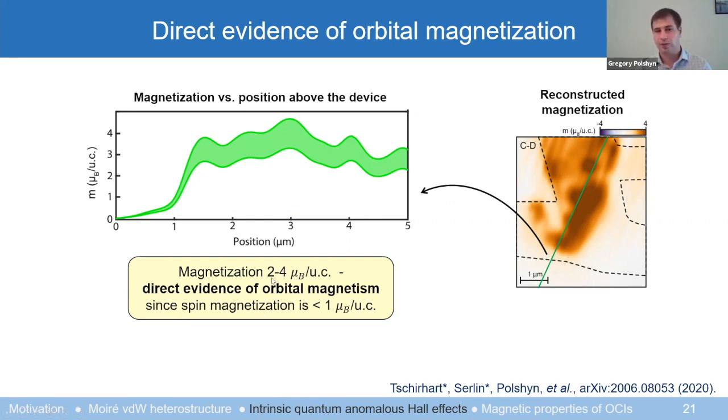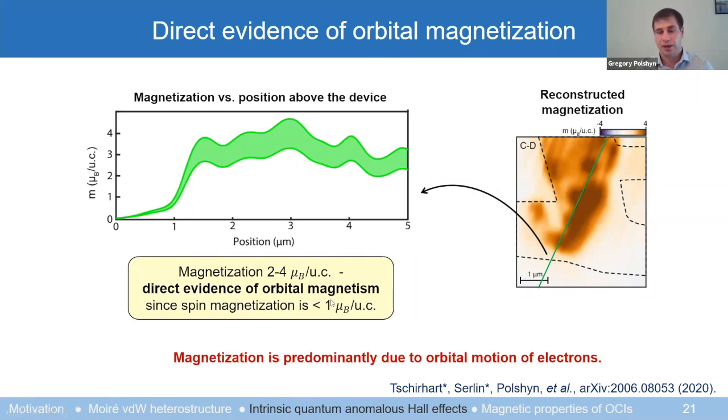The fact that we observe much higher magnetization tells us that most of the magnetization arises from the orbital motion of the electrons. So we can conclude quantitatively too that magnetism predominantly arises from the orbital motion of the electrons. This is quite unconventional, because in most known magnetic materials, most of the magnetization comes from spin.